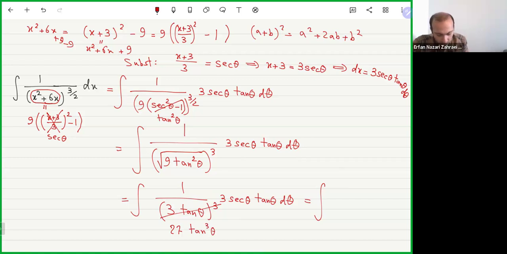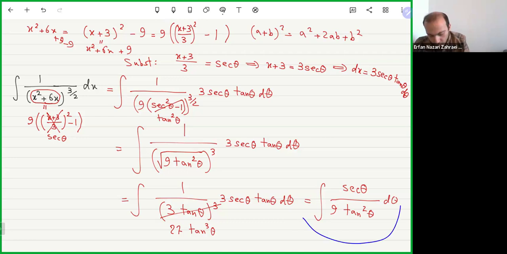So when you simplify 3 and 27, they simplify to 9 in the denominator. Tangent and tangent cubed simplify as 2 tangents in the denominator. And I had one secant that is just there and nothing happens to it. So that's the simplified version.